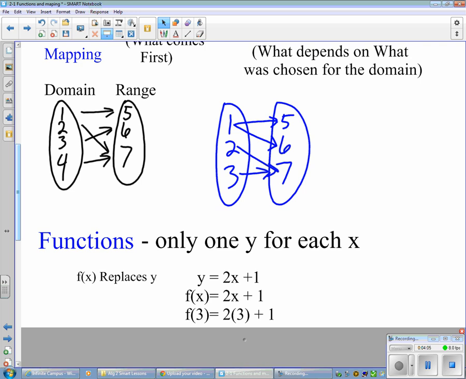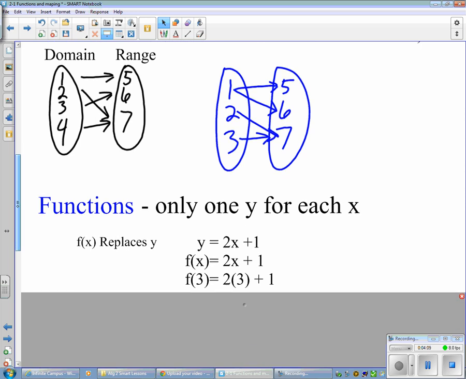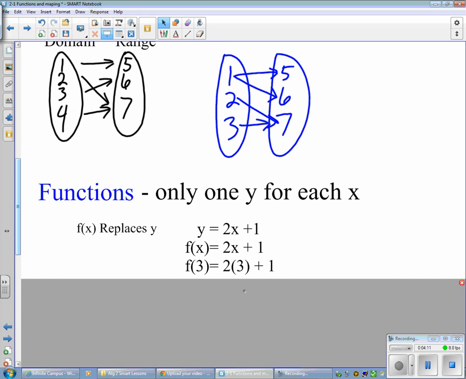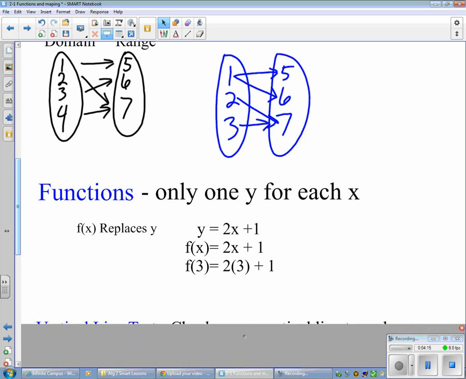Now what's so good about this? Well, f of x has a place for your x term. So when I put in f of 3, I can say, okay, I'm going to put in a 3 in the x spot. So I put a 3 in the x, I get 2 times 3 plus 1. Well, 2 times 3 is 6 plus 1, and 6 plus 1 is 7.